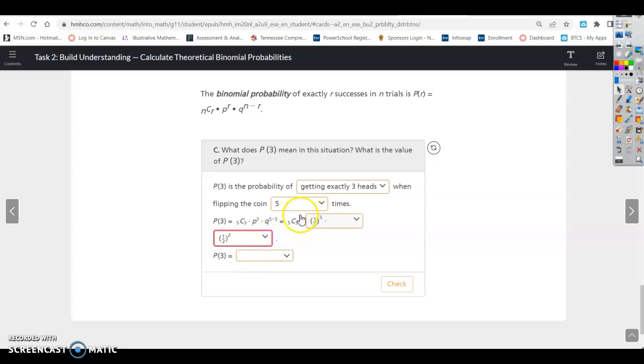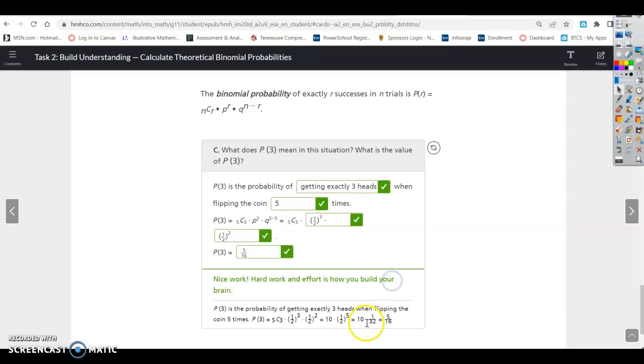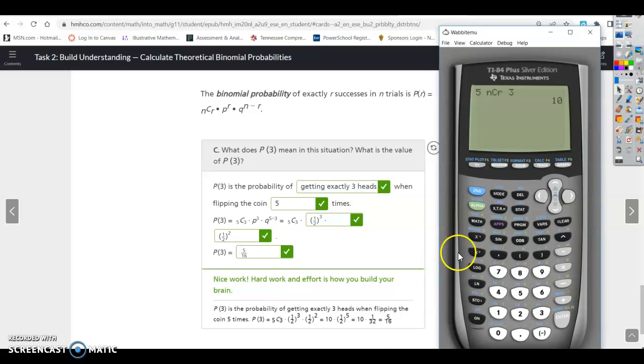Because when you add the exponents, we need to get a 5 there, so 5 total coin tosses. So P of 3 would equal, I believe, 5/16, but let's check that using our calculator.